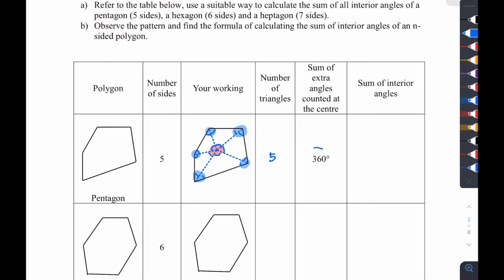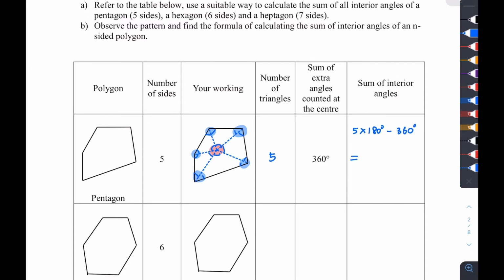And you can see that all these extra angles at the center add up to 360 degrees. So what will be the sum of interior angles for our pentagon? It will be 5 triangles, so 5 times 180 degrees, correct? And we need to subtract off 360 degrees, because we have to minus the angle from the center.